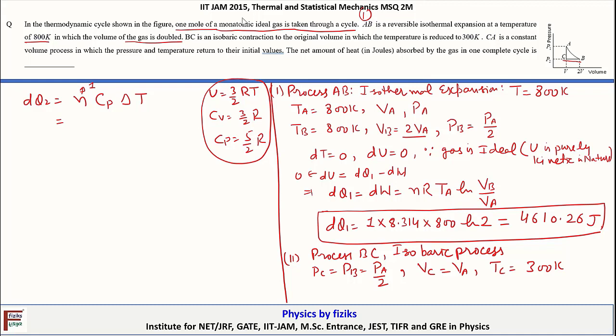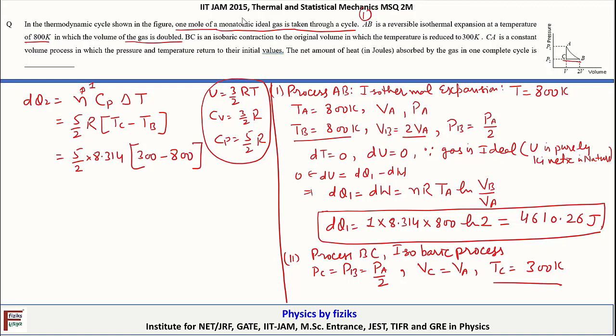Okay, so Cp is how much? It's 5 by 2 R. And what is delta T? Delta T during process B to C is Tc minus Tb. If you substitute the values, 5 by 2 multiplied by 8.314, and Tc is given as 300 Kelvin minus Tb, which is written here, 800 Kelvin.